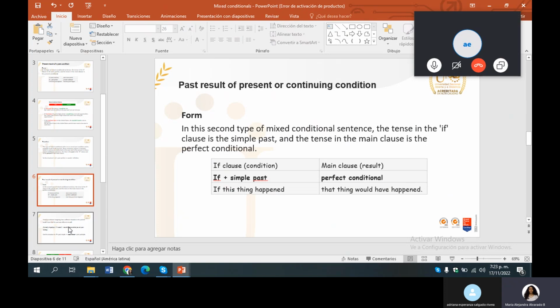So past result of present continuing conditions. Here, in this second type of mixed conditional sentence, the tense in the if clause is in the past, and the tense in the main clause is in the perfect conditional. So let's see an example here.